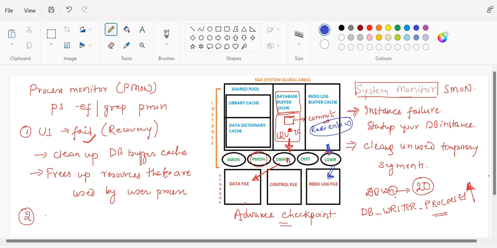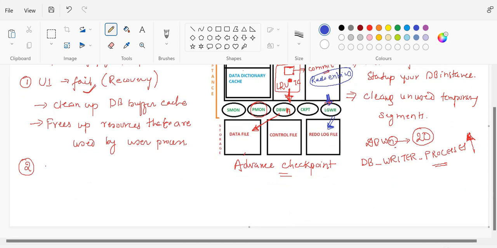And there are certain situations when it writes, which I will discuss in later sections, but you should know that it has some situations. It's not that LGWR writes only when the redo log buffer cache gets full, or whenever LGWR feels like it. No, that's not the case.